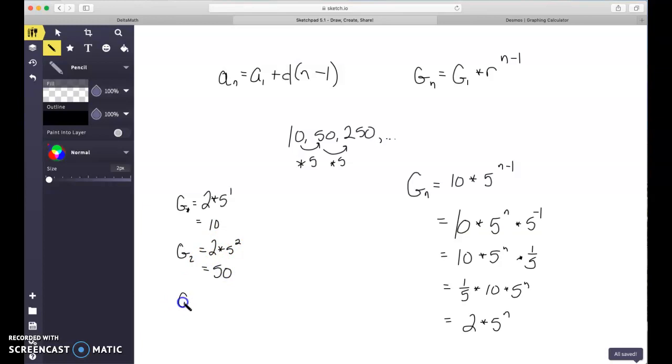If I wanted to check my third term, I would do 2 times 5 to the third power, right? So 5 cubed, following PEMDAS, is 125. 2 times 125 is 250, and it looks like each of my terms check out.